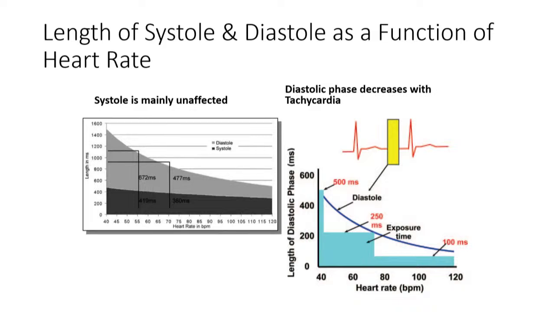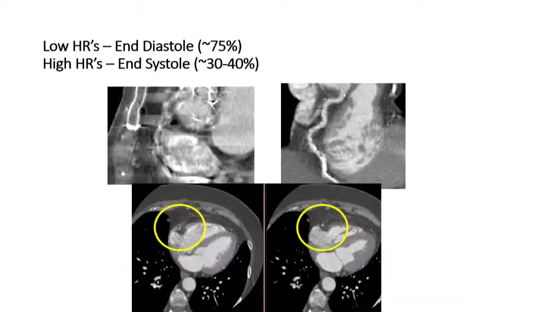And that's why when you have a fast heart rate, we go for a little bit more of a short period of end systolic imaging. Okay. This is just an example of how different parts of the cardiac cycle can give you different images. And for low heart rate, 75% is the best.